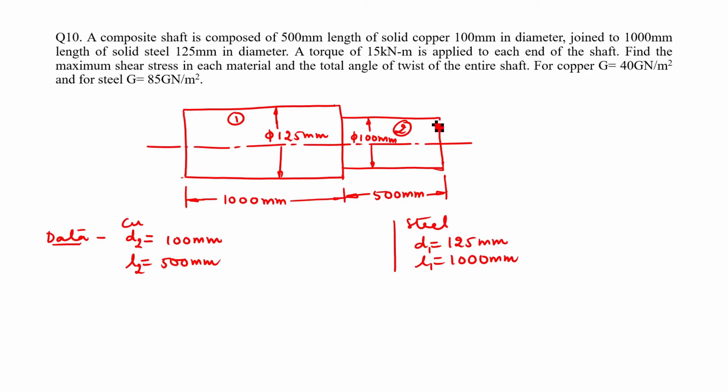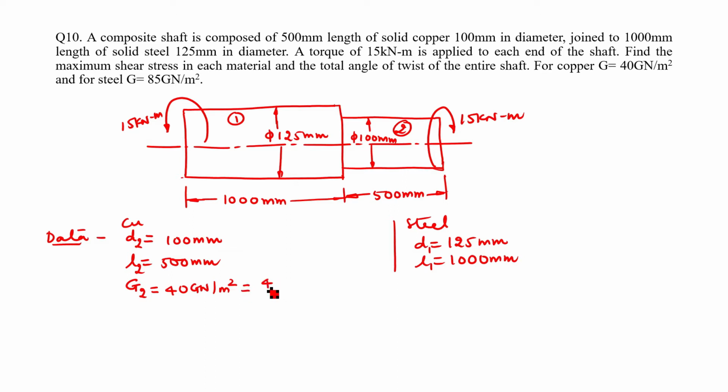So let me assume that the torque applied here is in clockwise direction of 15 kilonewton meter, and on this end it will be anti-clockwise 15 kilonewton meter. Find the maximum shear stress in each material and the total angle of twist of the entire shaft. For copper, the value of G is given as 40 giganewton per meter square.